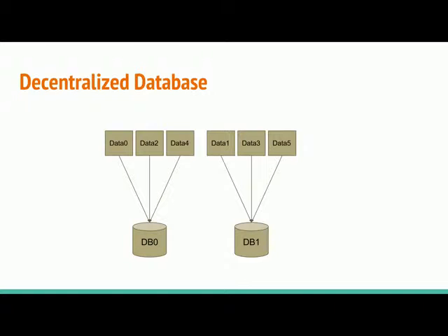Using the example of data 0, data 1, data 2, when you do the modulo, data 0, data 2, data 4, because they are even numbers, go into database 0, and data 1, 3, 5, they are odd numbers, so they go into database 1.